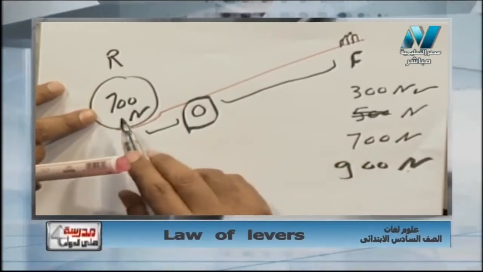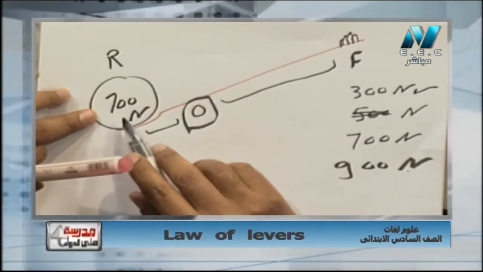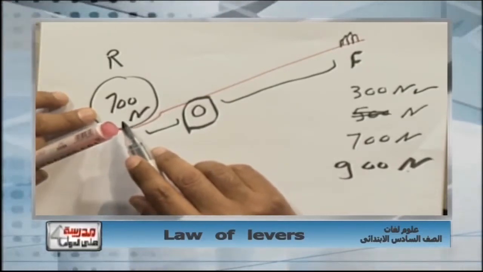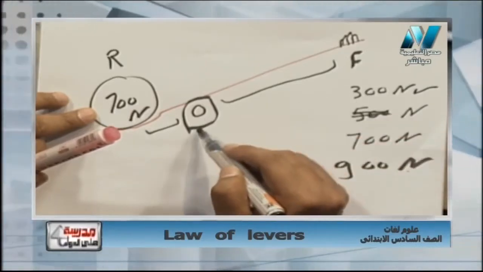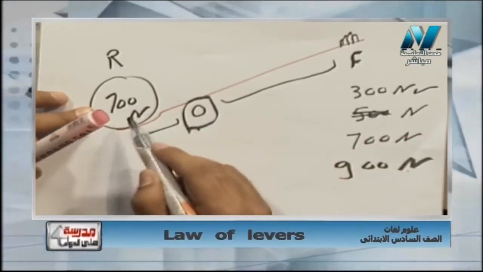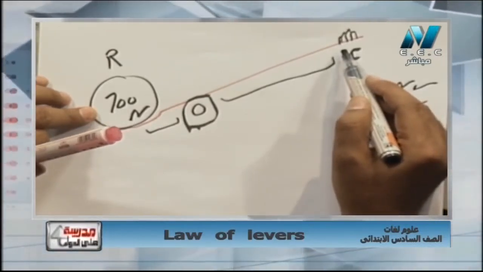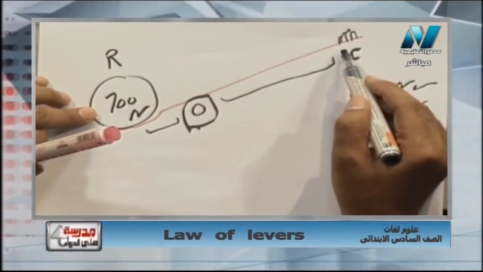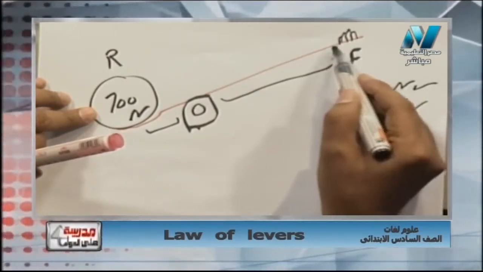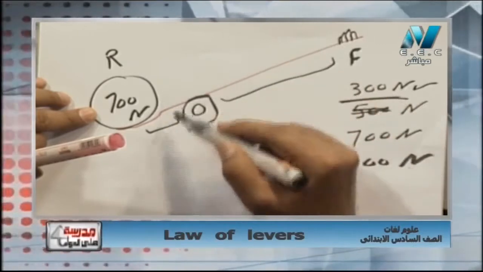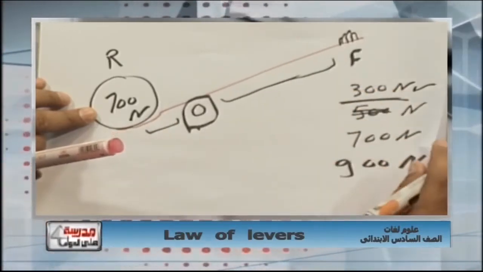Otherwise I would have to exert 700 Newton to move 700 Newton of resistance. Here, if I put the fulcrum near the resistance, I will use a small amount of effort force. So the suitable answer is 300. This lever conserves effort. Why? Because the effort force arm is longer than the resistance arm.